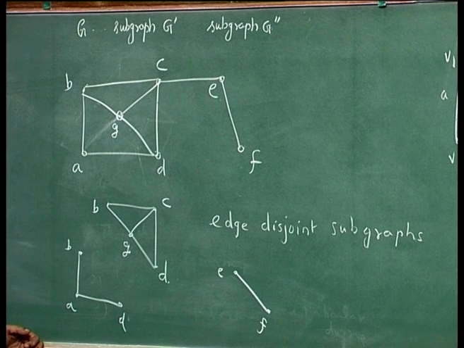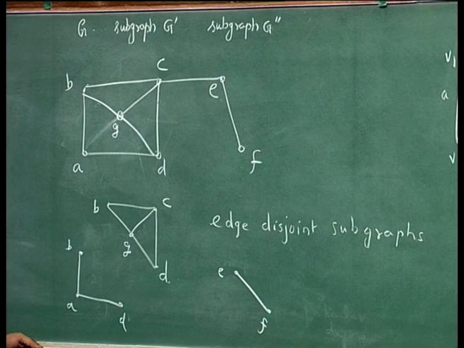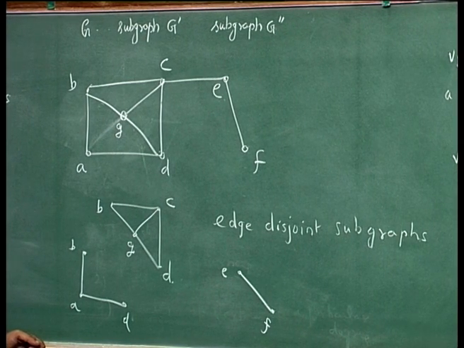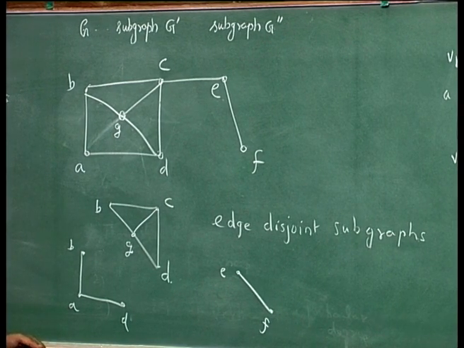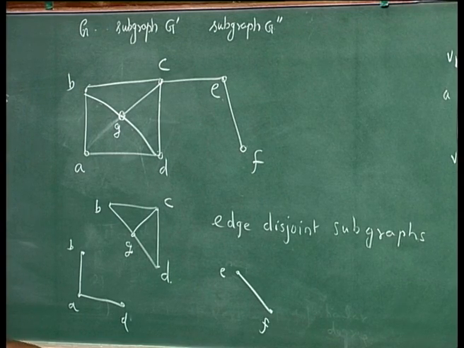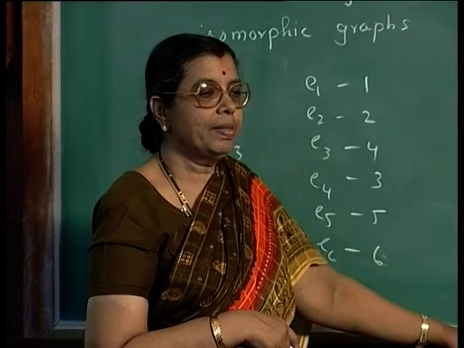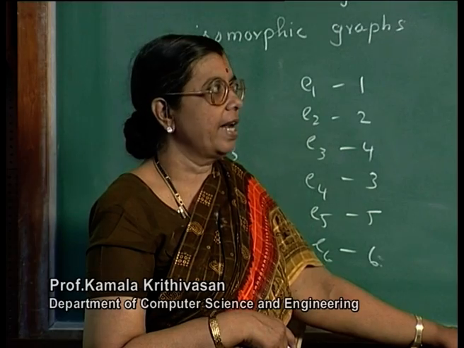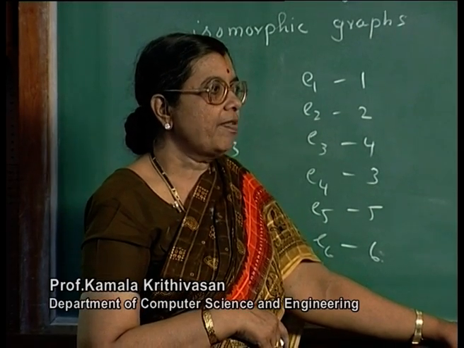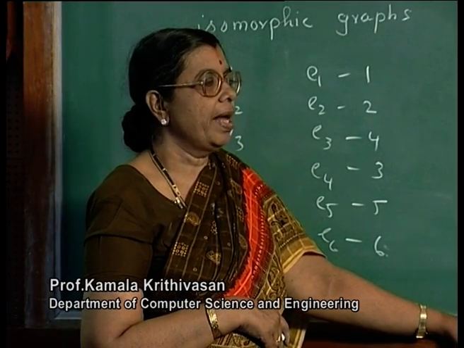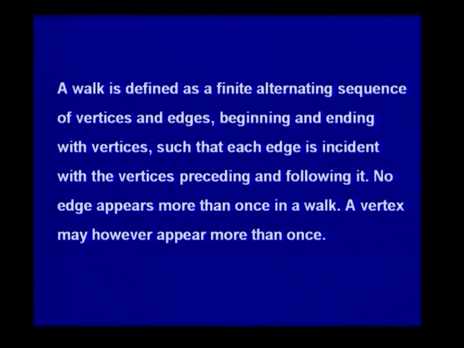results. Next, we shall see what is meant by a walk and what is meant by a path. We have already seen what is meant by a path and what is meant by a simple path in the case of directed graphs. Now, in the case of undirected graphs, what do we mean by walk and what do we mean by a path? Let us consider the definition.